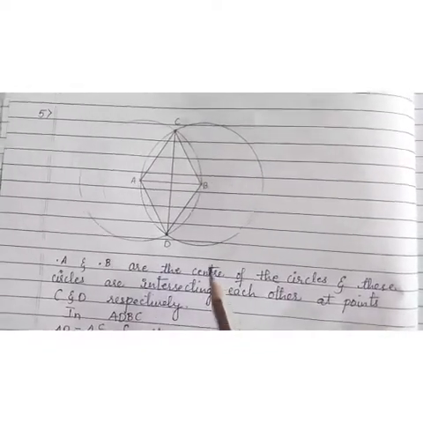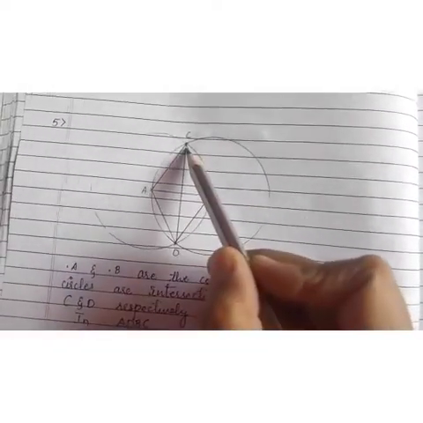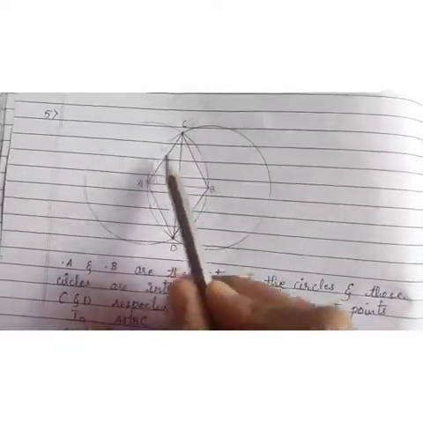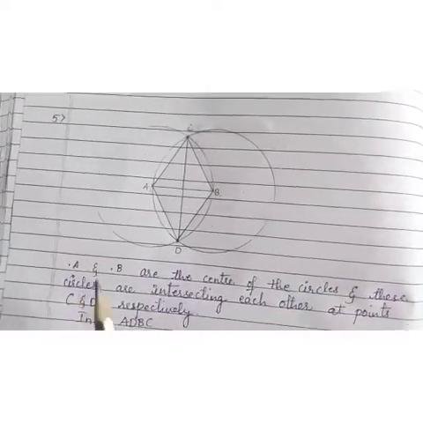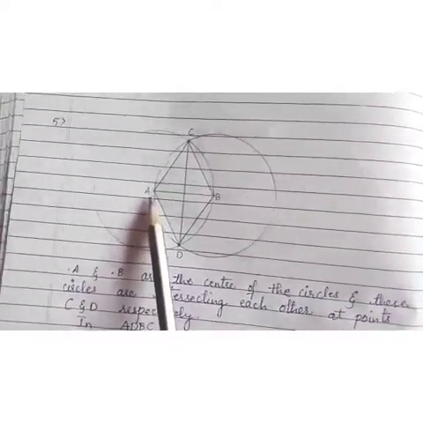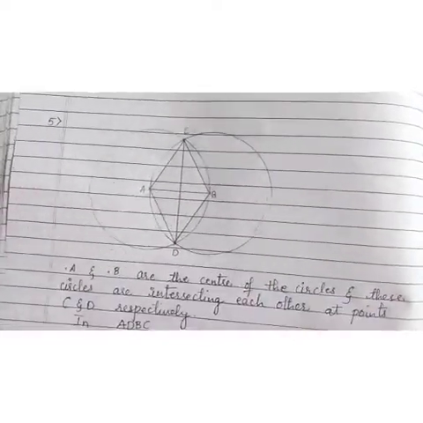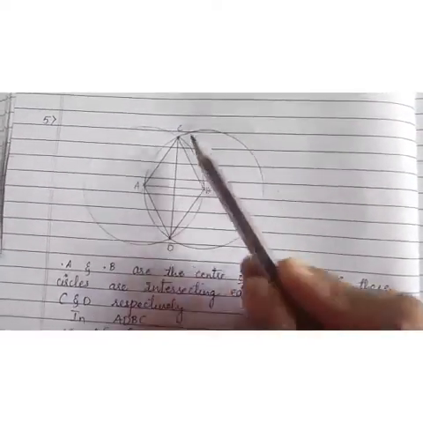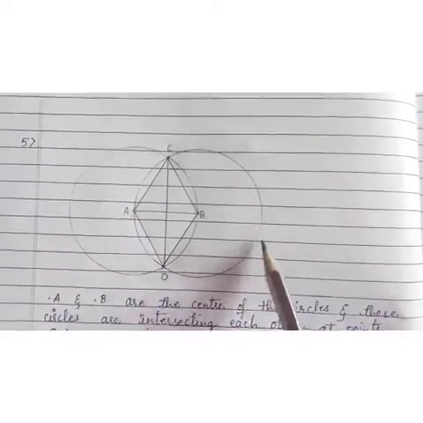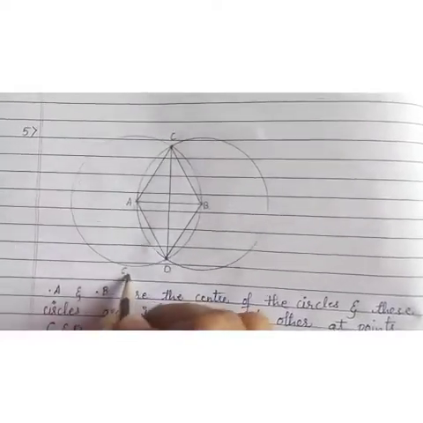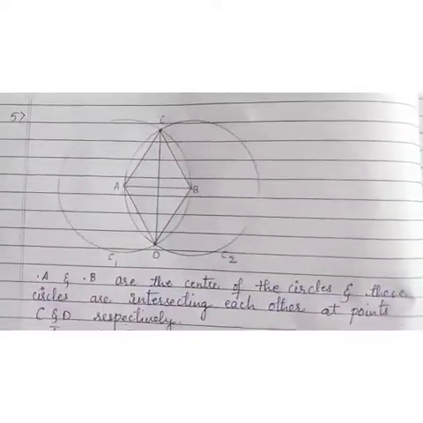So in this figure you observe that AD and AC are the same, because these two are radii of the first circle with center A, isn't it? So this one radius, this one radius. Similarly, we have BC and BD as the radii of circle 2. I will mark it as circle 1 and circle 2 with center B.